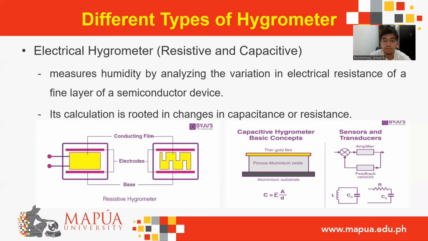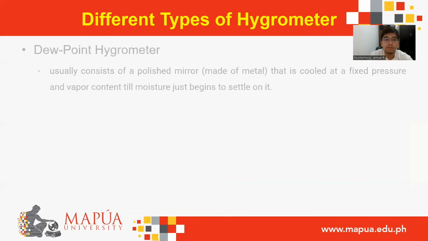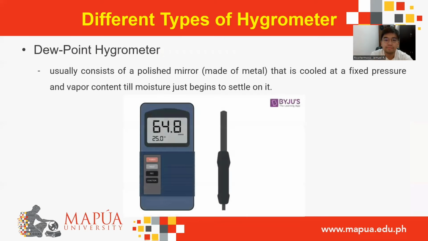Its calculation is rooted in changes in capacitance or resistance. The device usually possesses a sensor to measure variations in an on-chip layer or semiconductor, which, for this example, is lithium chloride.